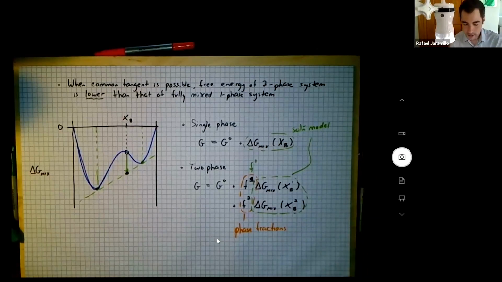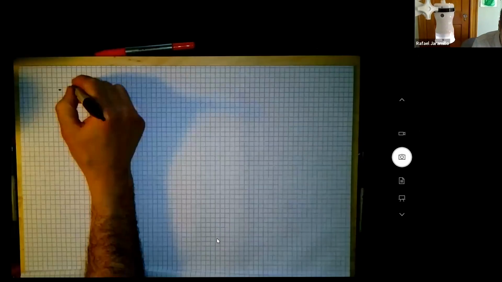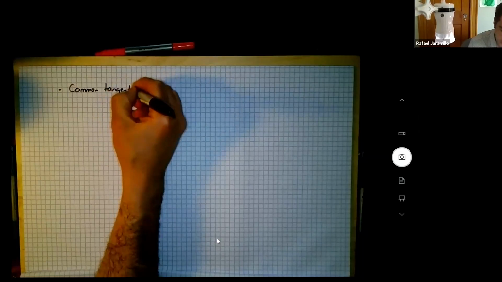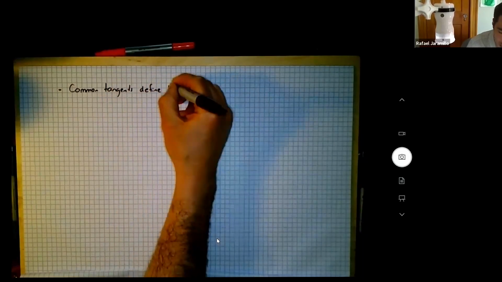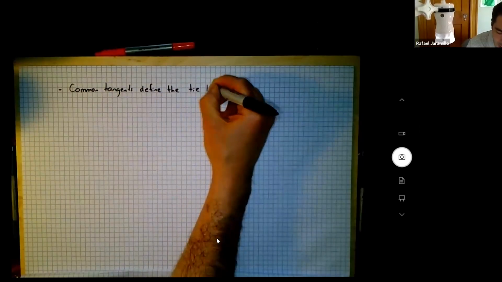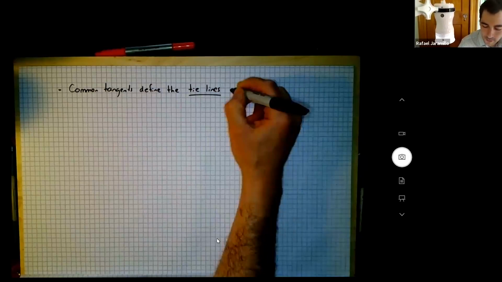All right, so now we're going to continue exploring the spinodal case, right? The common tangents define the tie lines on a binary phase diagram.